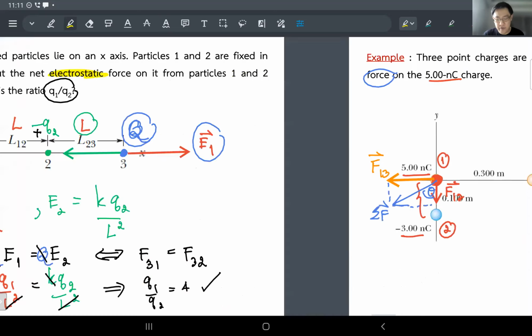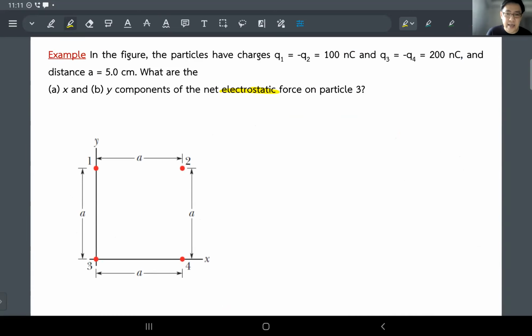That's why we have the adjective electrostatic, because we assume everything is in position, no movements yet. You will see later, when things move, you get the second half of this theory, which is magnetic. I don't know how far we can go. We might not be able to get to magnetic, but at least that's what it is at this point.